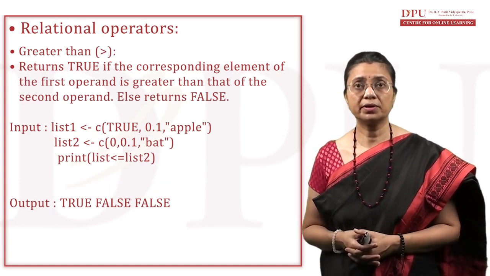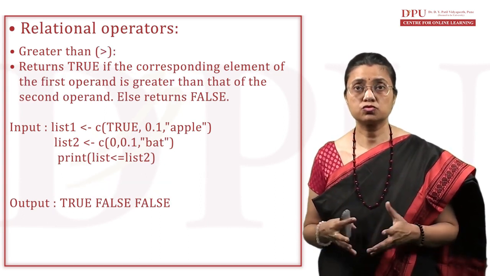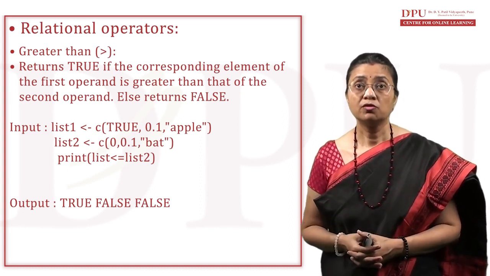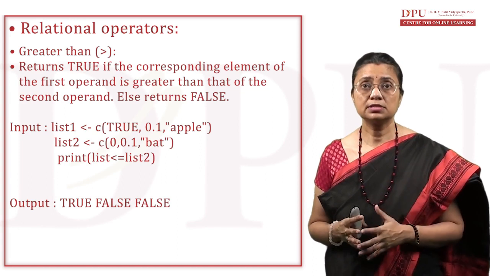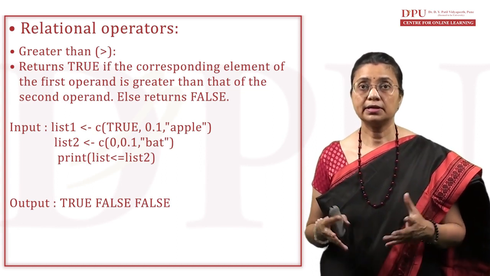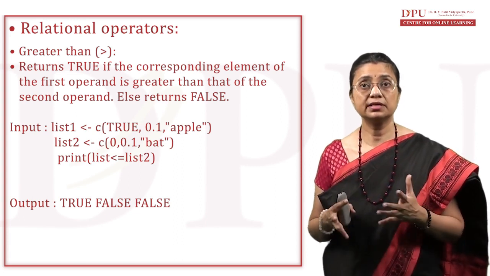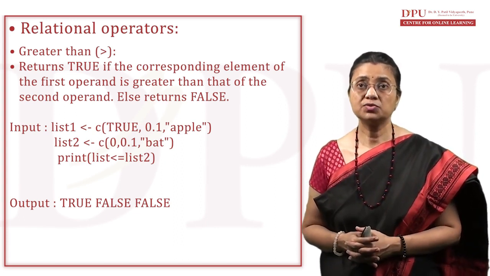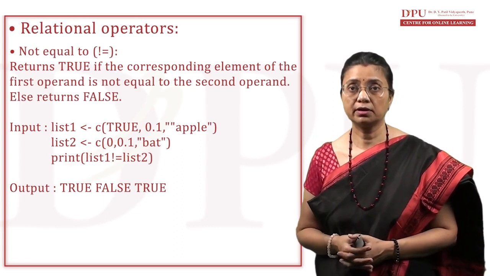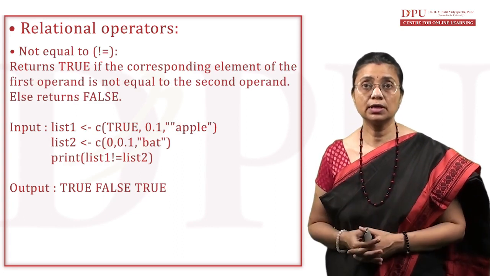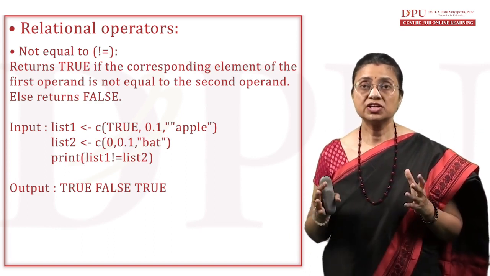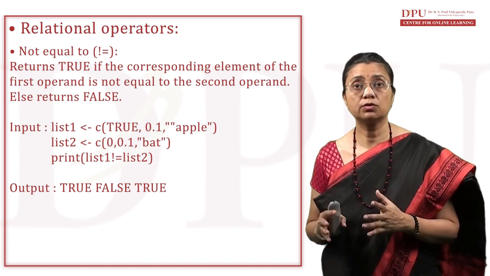In the greater than or equal to operator, we have list1, which is true, 0.1, and apple. And again, we have list2. We are checking whether list1 is greater than or equal to list2 or not. If it is so, we are printing true, and otherwise we are printing false. And likewise, we have the not equal to operator where again we have list1 and list2, and we are printing by checking whether list1 is not equal to list2.